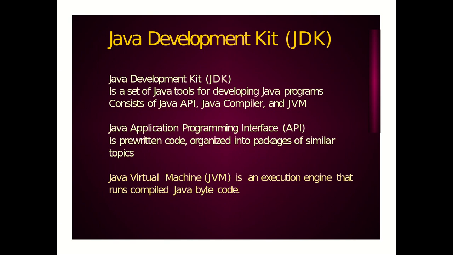For example, language API, net API, JDBC API, applet API, Swing API. For different purposes, we use different APIs from the JDK. The Java virtual machine is an execution engine that runs your bytecodes. It is also available on your system from the Java development kit.